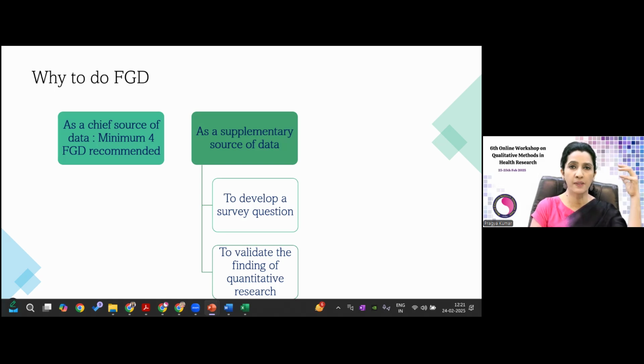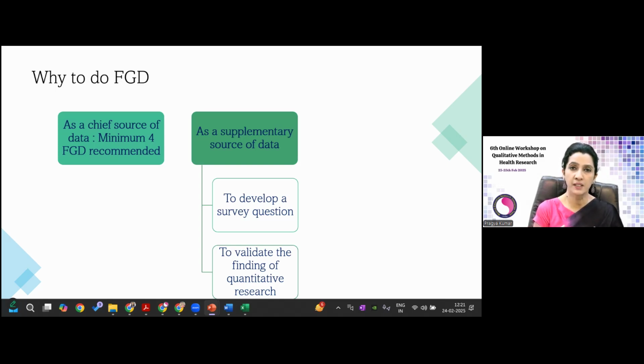Many times, when you are doing triangulation, you take three. Yesterday we saw that if you are taking multiple methods of data collection, you do participant observation also, or you take some secondary data, or you take the in-depth interview and you do the FGD also. So that can be done as an alternative, not as an additional method of data collection.